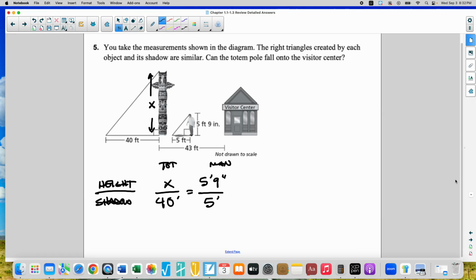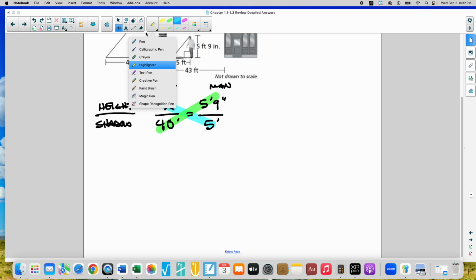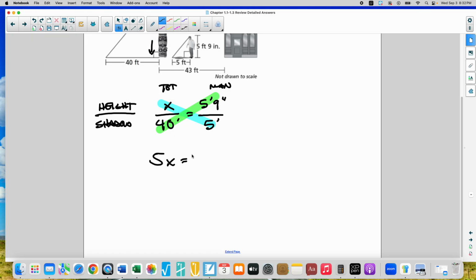So if we do cross product, we're going to multiply those, and we're going to multiply those. Now, when multiplying, x times 5, that's 5x. When we multiply 40 feet times 5 feet 9 inches, well, we better get into inches here. Okay, so 5 feet is equivalent to 60 inches.